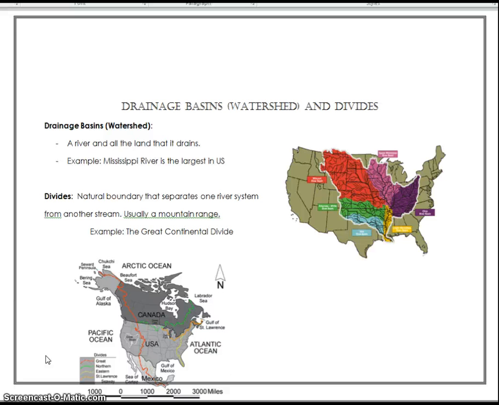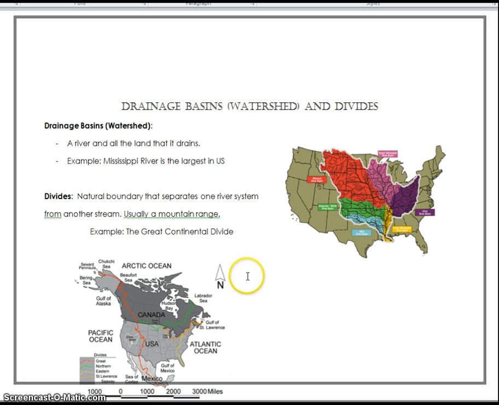Any river that connects to the Mississippi is all a part of the Mississippi watershed. And here you can see how large that is. What separates river systems from each other are what we call divides.